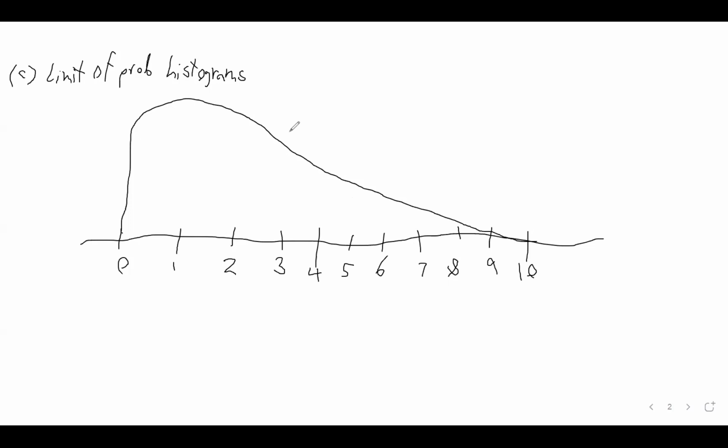Now, if you want to find the probability that the value in that example is between 3 and 5, you find the area under this PDF between 3 and 5. So that would correspond with the definite integral from 3 to 5 of f of x dx. That would be the probability that the distance from the center is between 3 and 5.